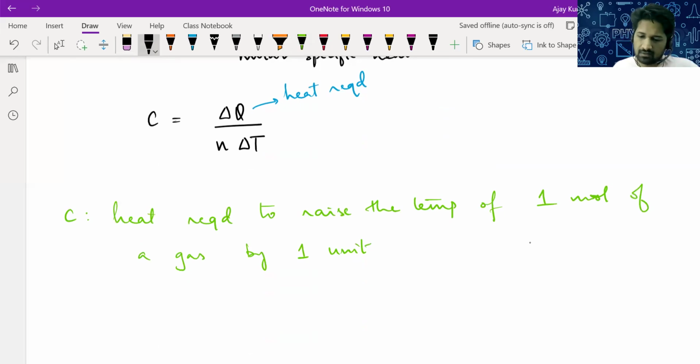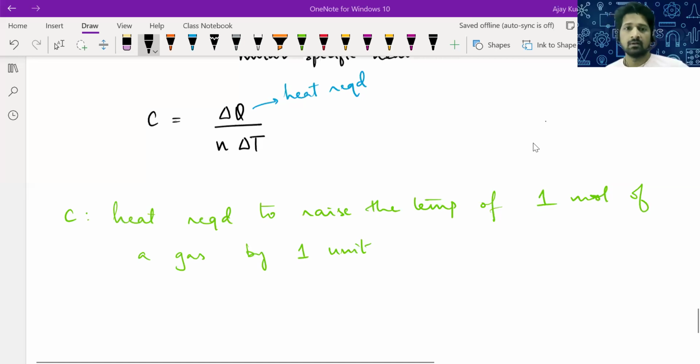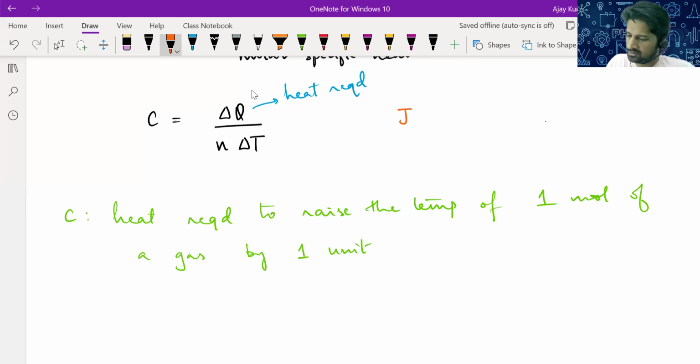Quickly derive the SI unit and dimensional formula of molar specific heat. Any answer for SI unit? Heat will be expressed in joules. And number of moles is in moles itself. Mole is a fundamental quantity in the SI system, and also a fundamental unit.